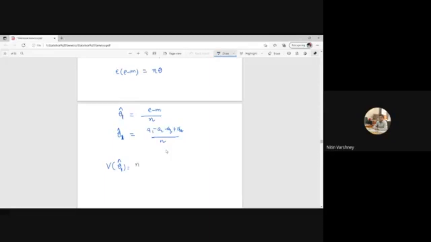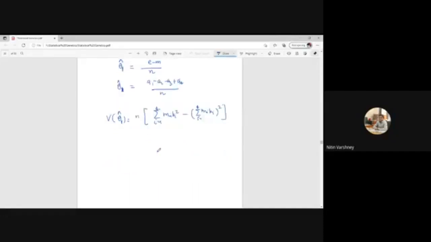The formula of variance I told you: summation i equal to 1 to 4 of m_i k_i squared minus the summation i equal to 1 to 4 of m_i k_i, whole squared.